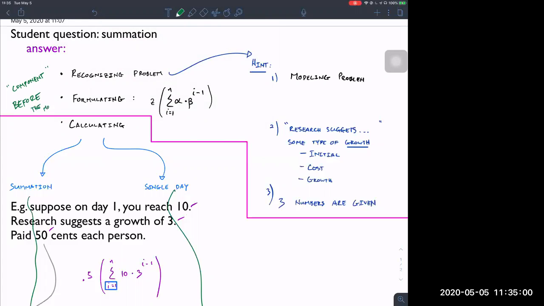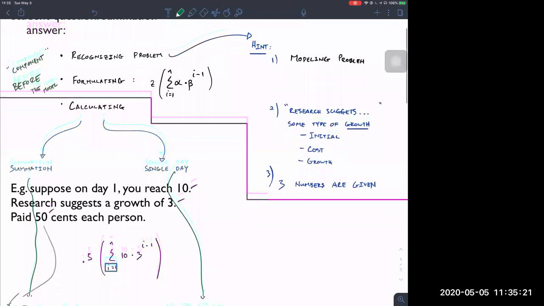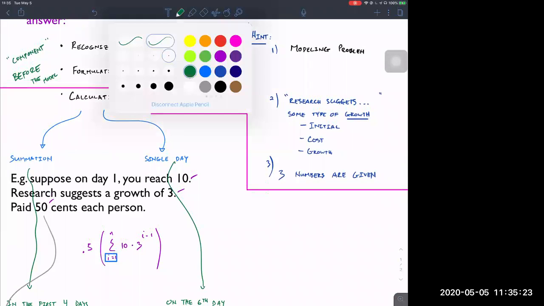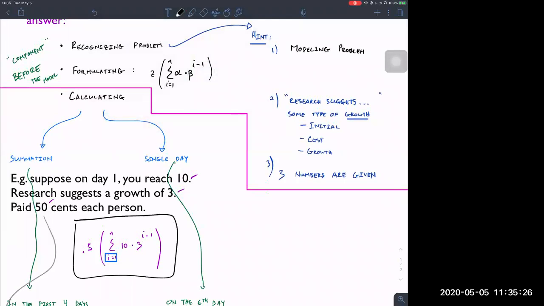That is very critical because you don't want to start calculating things for your model until you have a model, right? So if you have a question like this, the recognizing the problem and the formulating would correspond with all these hints right here, in addition to this purple formula that I have written out. The calculating comes only after you have a model.